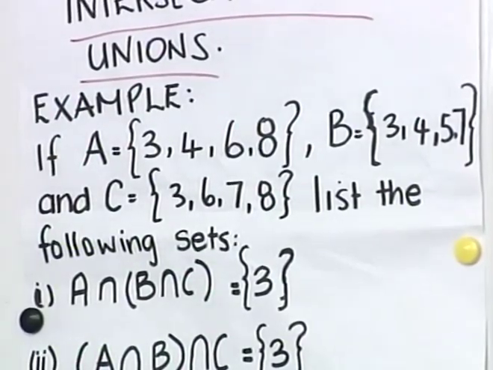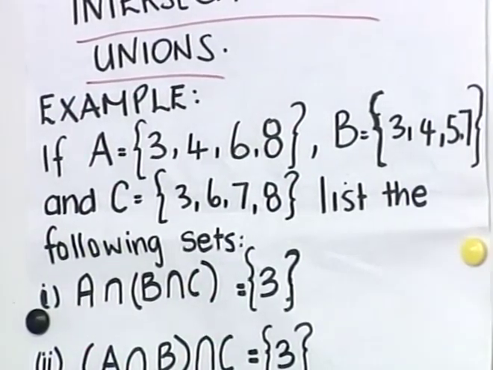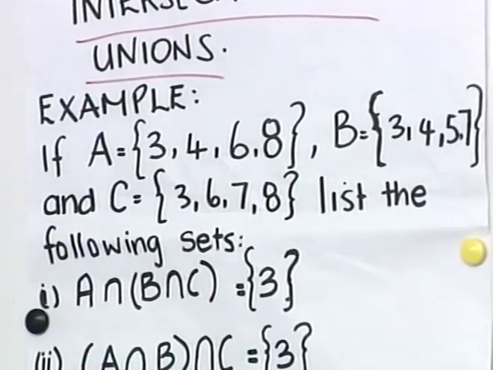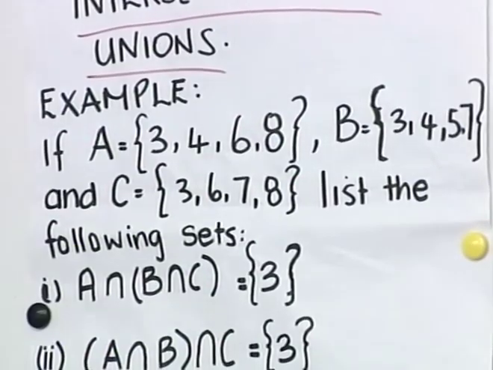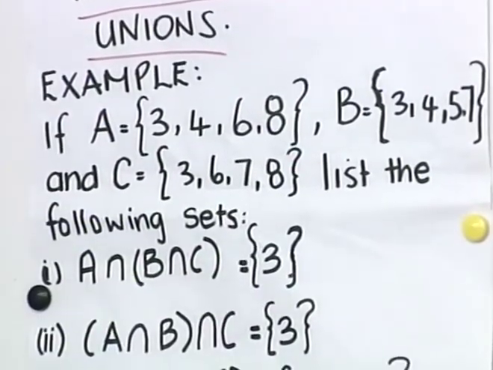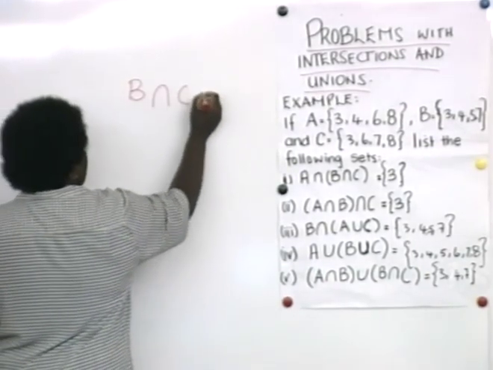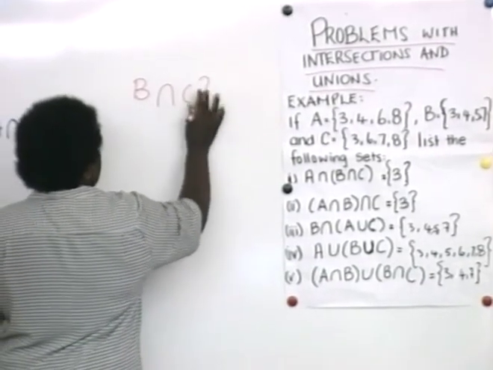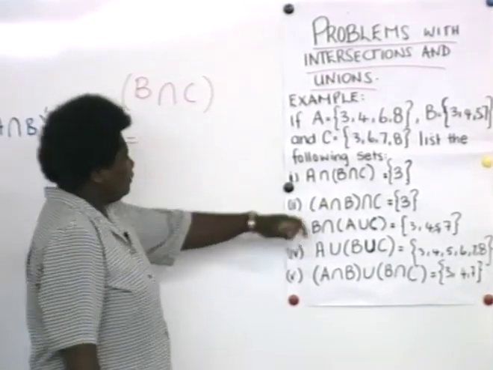Okay, if you are smart like many of you are, or maybe all of you, you don't have to do this step by step. You can just have a look at the sets and you will work out which one goes in here. First of all, you have to find B intersection C, which you can quickly work out from here.